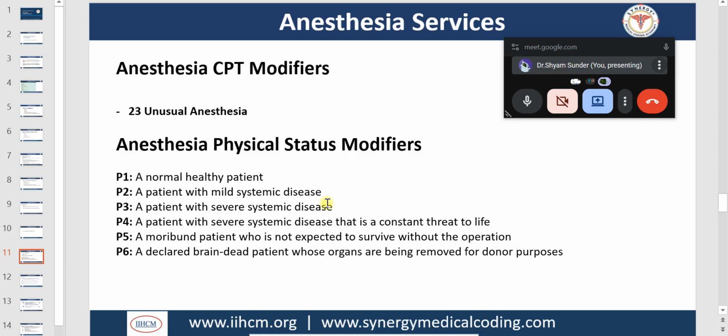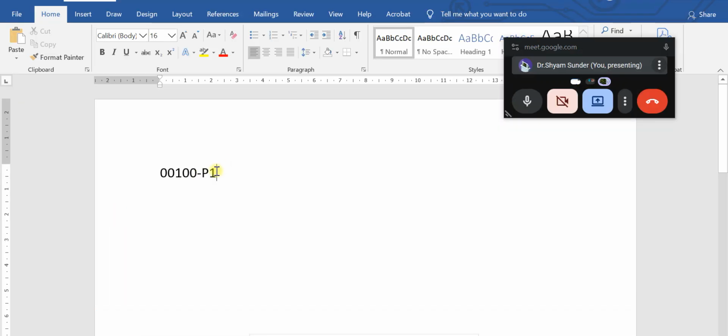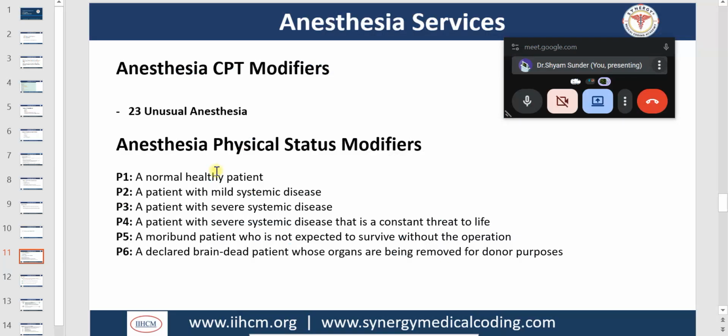Sugar level is 600, but you have to do the surgery. Blood pressure is 180 by 110, very high, but you have to give anesthesia. That is P3. Emergency surgery, because you're not looking for some time to control the blood pressure. So P3.